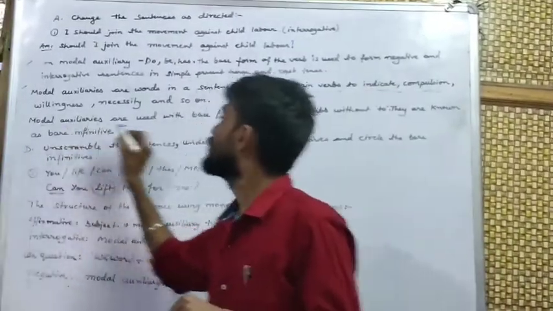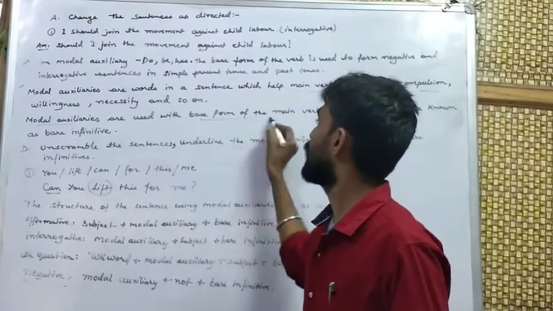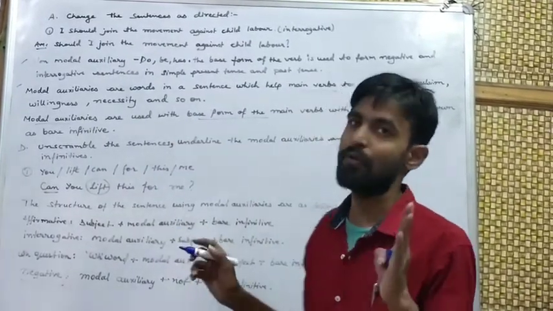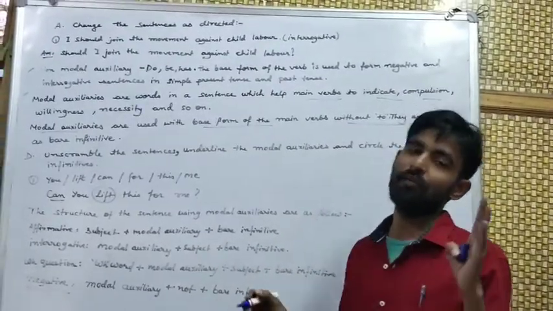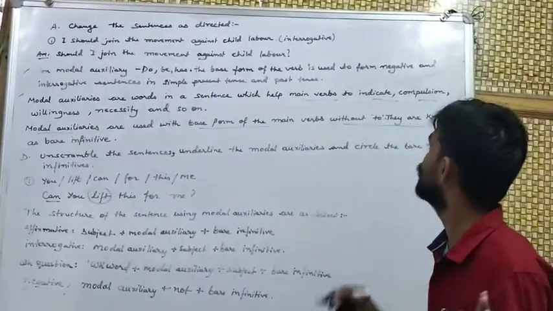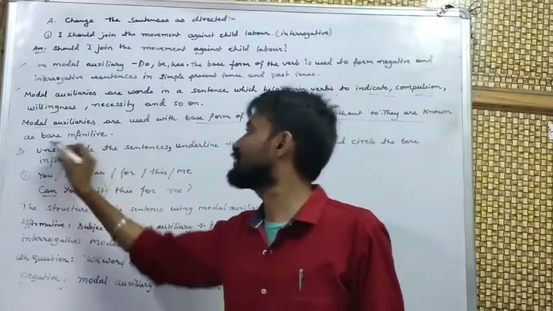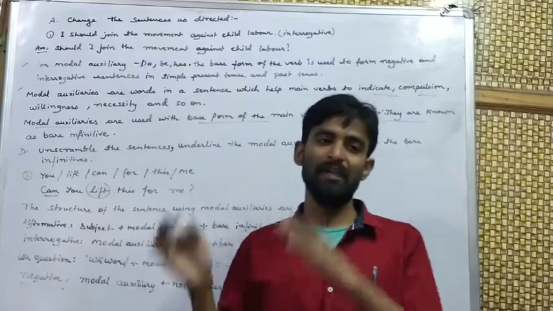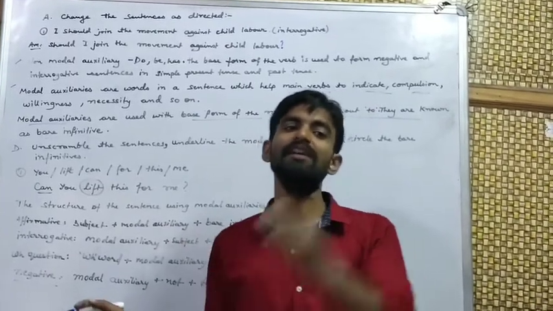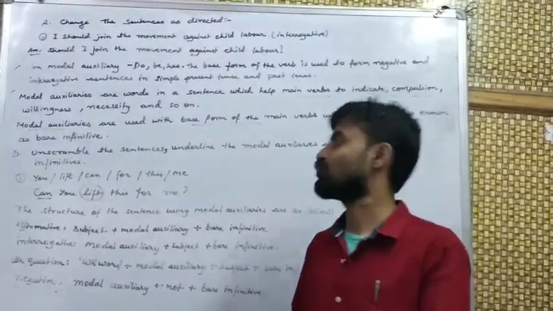Modal auxiliaries are used with the base form of the main verb, without do. If they are used with the base form of the main verb without do, it is known as a bare infinitive.